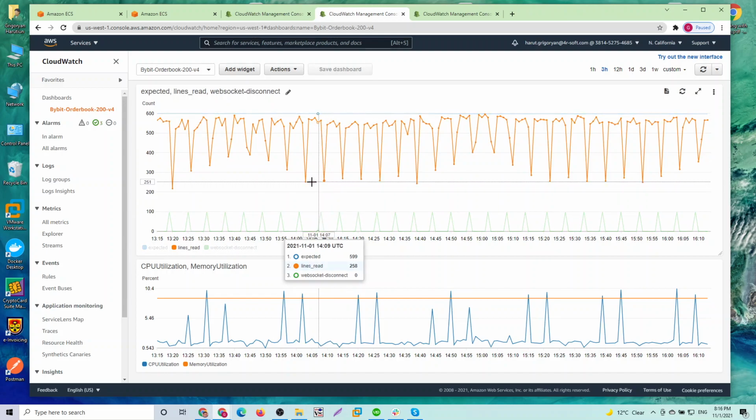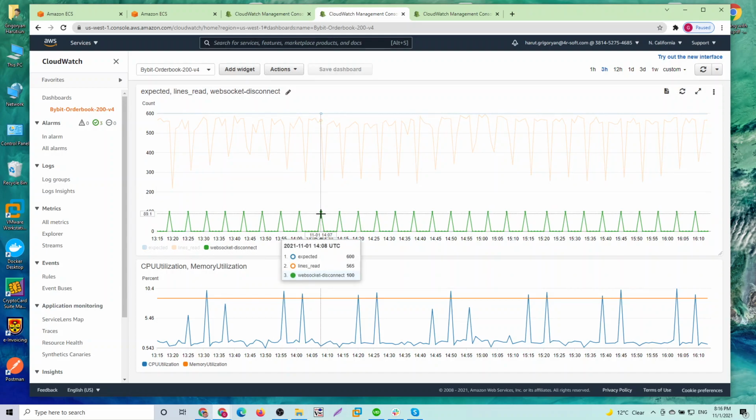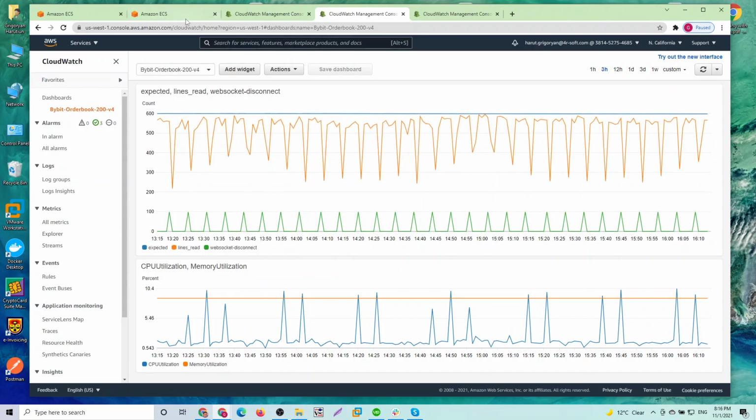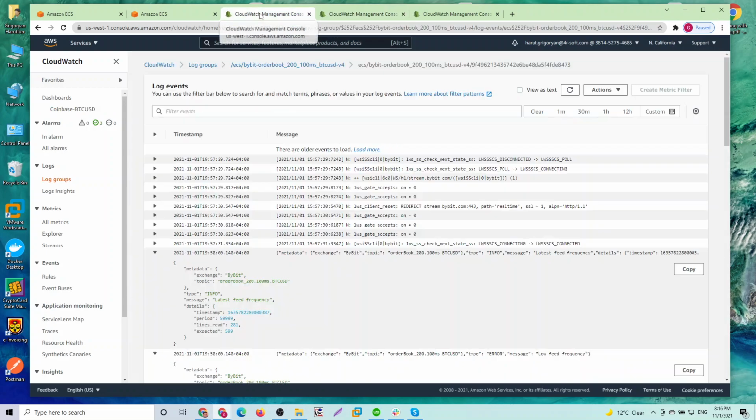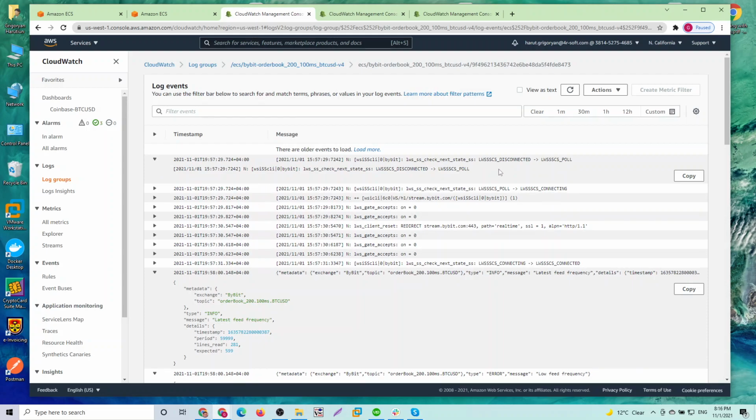Here we have drops, and here we get the disconnects from the server. Those also are logged here. We can find them. So here we go. So this one shows the disconnect event from the server.